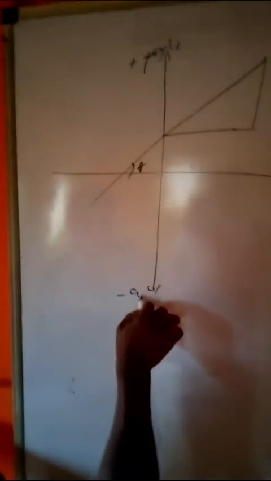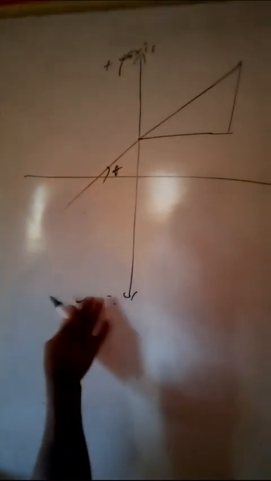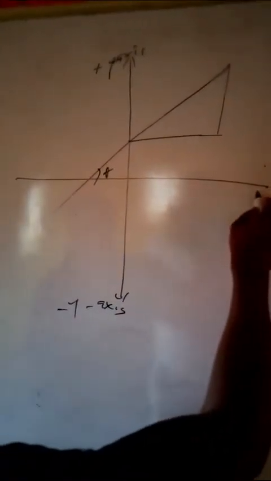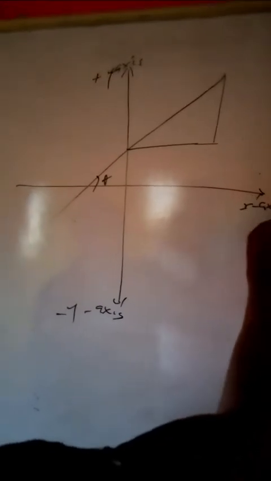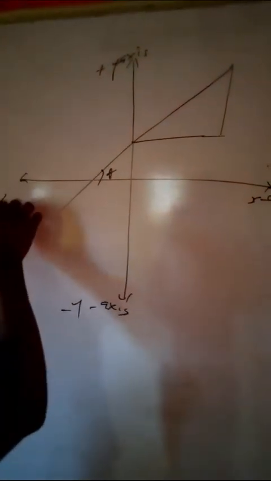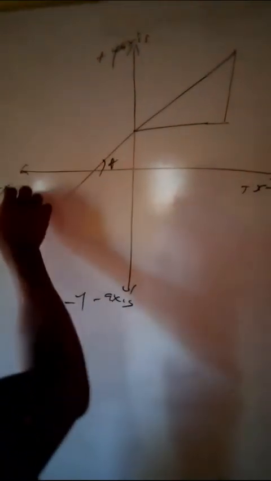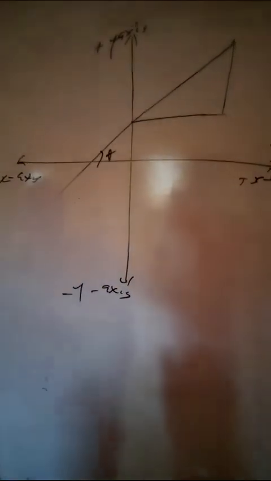We can say that at this point, when we're looking for the gradient of this graph, this is the positive y-axis, and this is the negative y-axis, positive x-axis, and the negative x-axis.